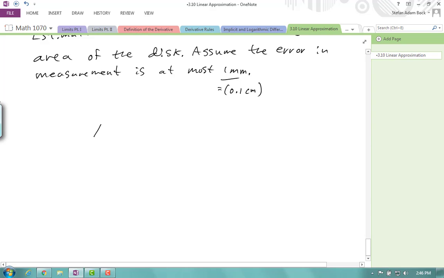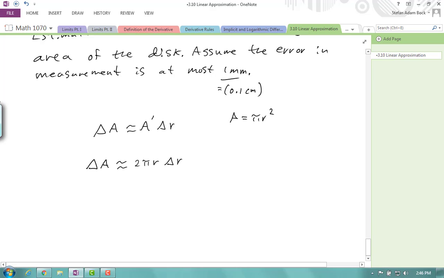We're going to have delta A, the change or the error in the area, is approximately equal to the derivative of the area multiplied by the change or the error in the radius. So I have here delta A is approximately equal to, the area of a circle is pi r squared, so I have 2 pi r times delta r.